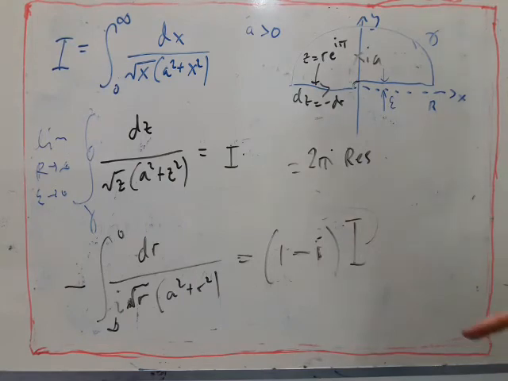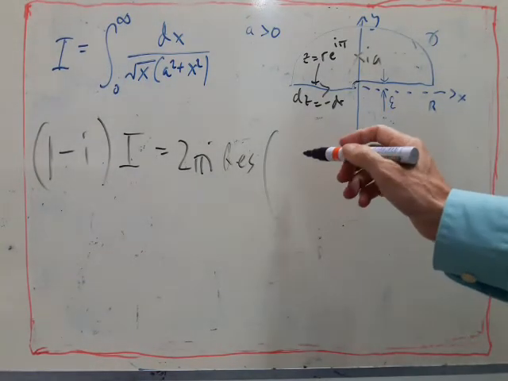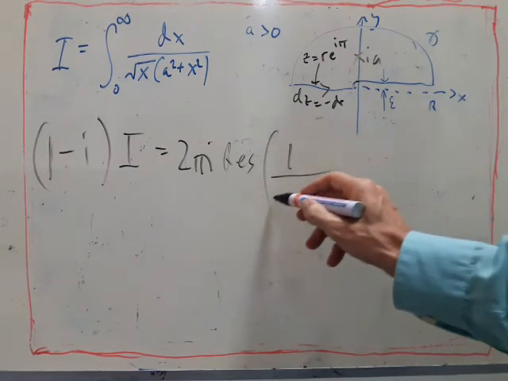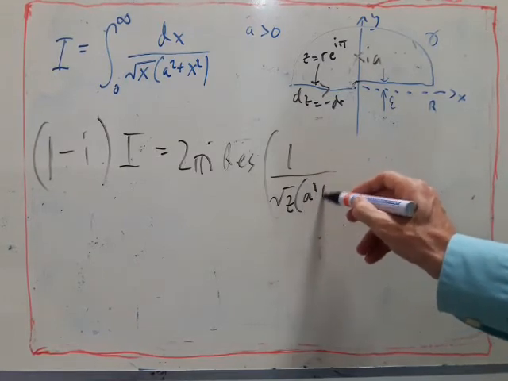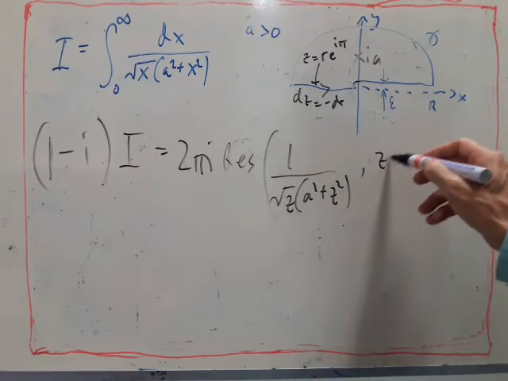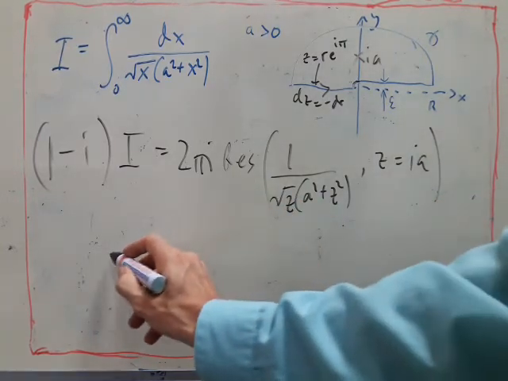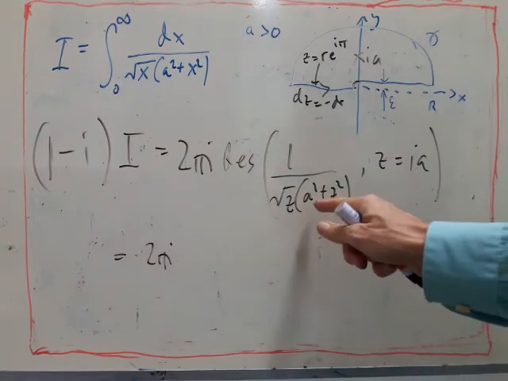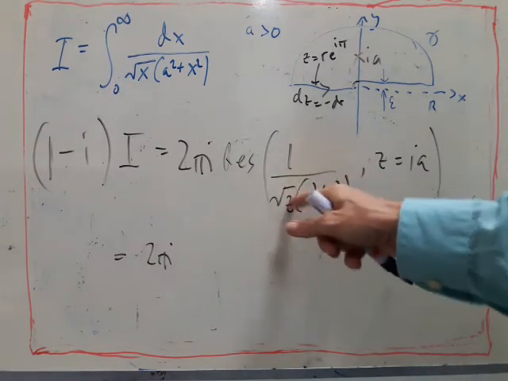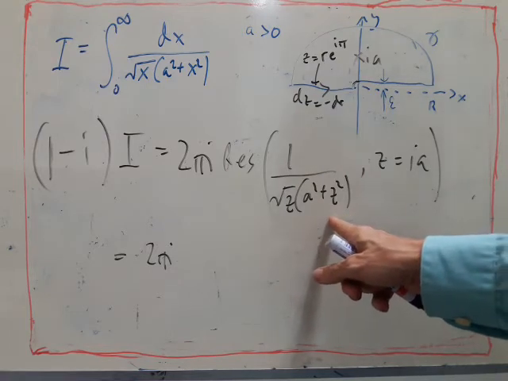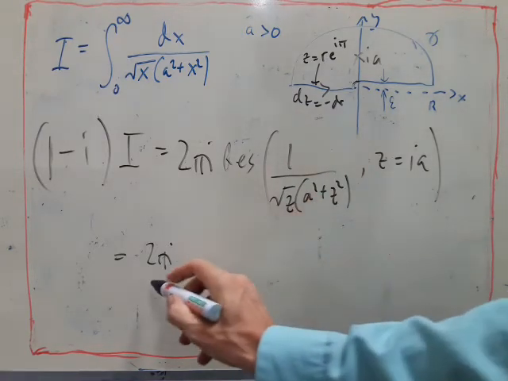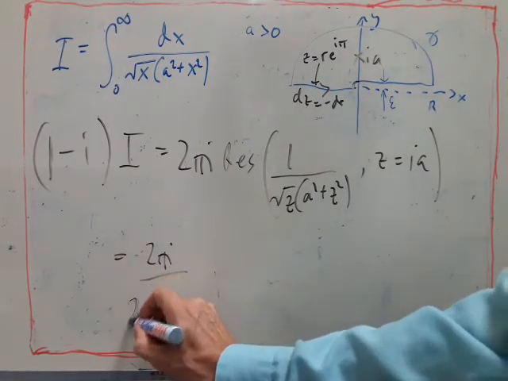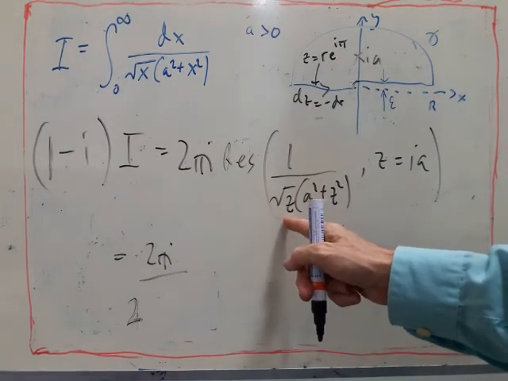Yeah, so I'll tidy up things again. So that's 2 pi I times, okay, so this is P, this is Q, so I've got 2z times root z.